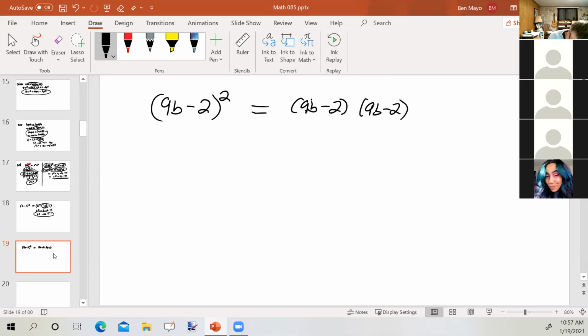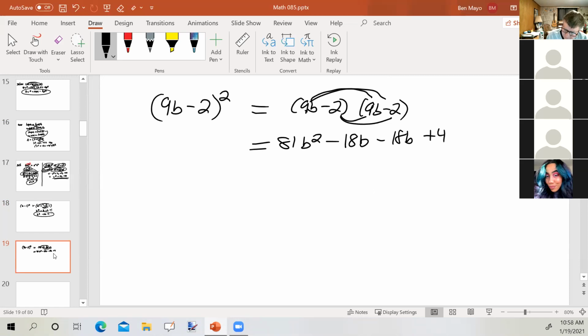So then foiling it, we get 9b times 9b, which is 81b squared. 9b times minus 2 is minus 18b. Minus 2 times 9b is minus 18b. And minus 2 times minus 2 is plus 4. Combining like terms, we get 81b squared minus 36b plus 4.